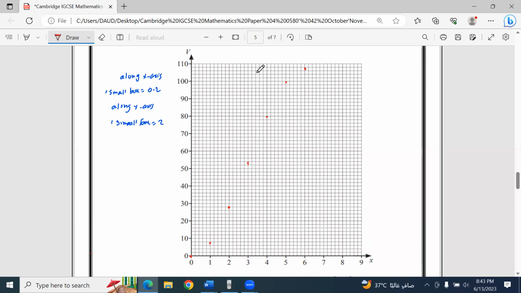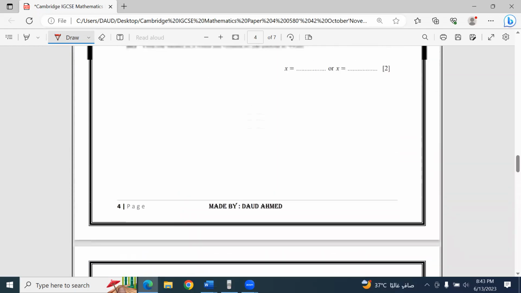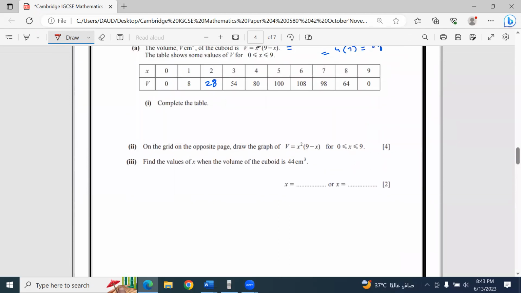It is cubic form. After 6 we have 7 and 8. At 7 it is 98.